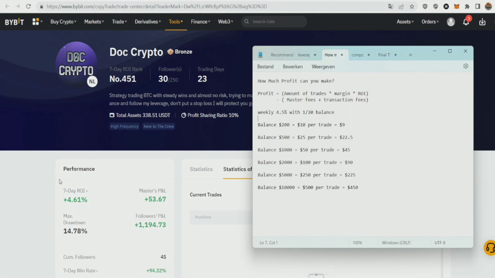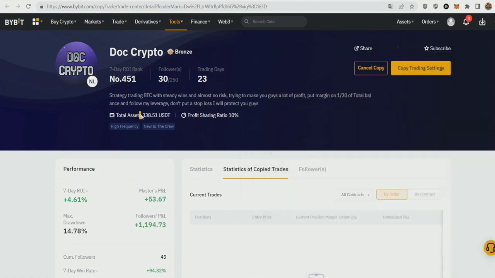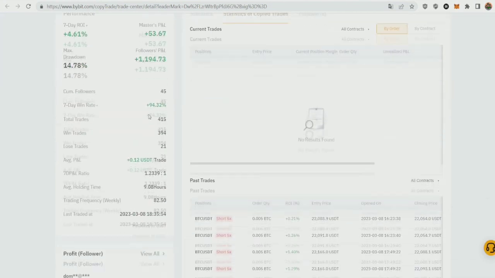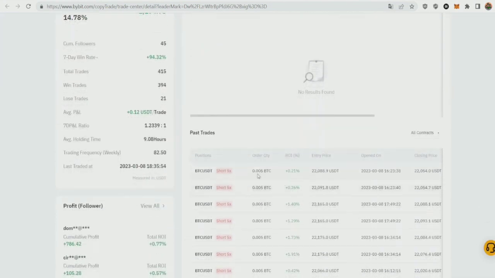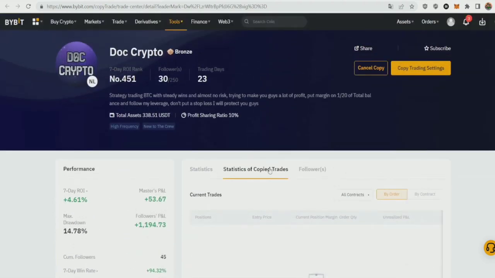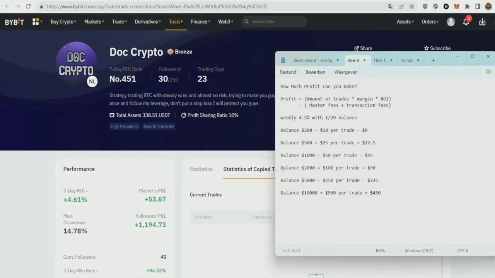And if you want to keep it safe, 1/20, you won't make the same profit. So how can you basically check how much he trades with? You can just see at the top total assets, then you scroll down and you can see 0.05 BTC per order, which basically means like 1 in 20. So you know that the 4.6% weekly is what you're gonna get, which is actually amazing.